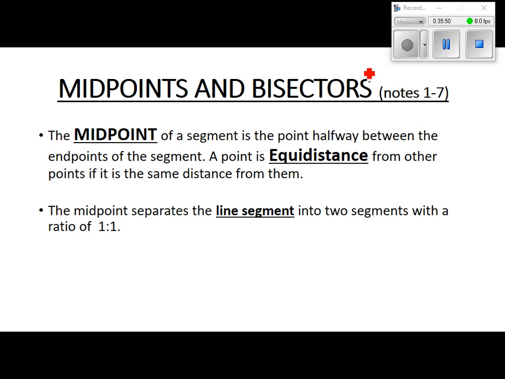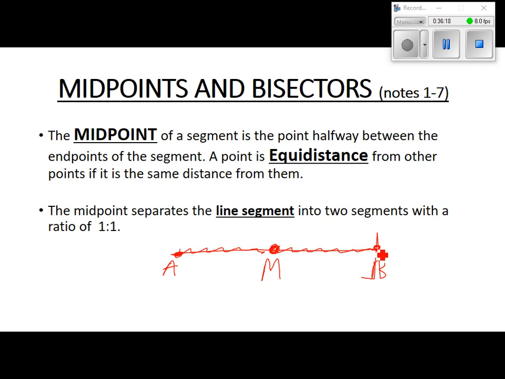So if I draw this segment, segment AB, tell me when to stop when I'm at the midpoint. Stop. That's about close enough. That's the midpoint. What do we know about segment AM and segment MB?